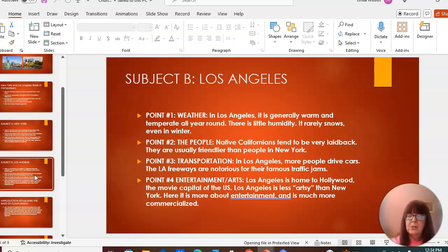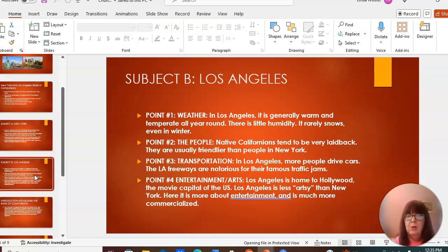Think about how you want to stagger your points, right? Because every point that you've made about subject A, you want to make those same discussion points about subject B, and preferably, this is not necessarily a have to thing, but preferably you should do them in the same order. That will help you keep track. It'll help your reader keep track.